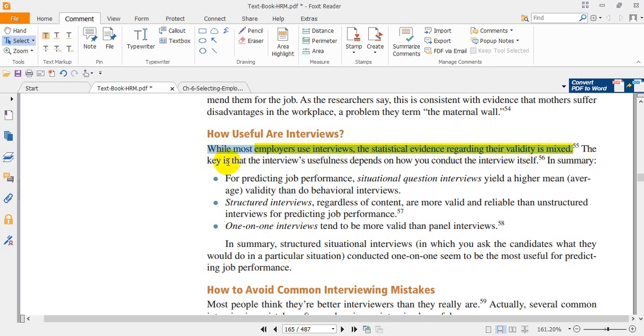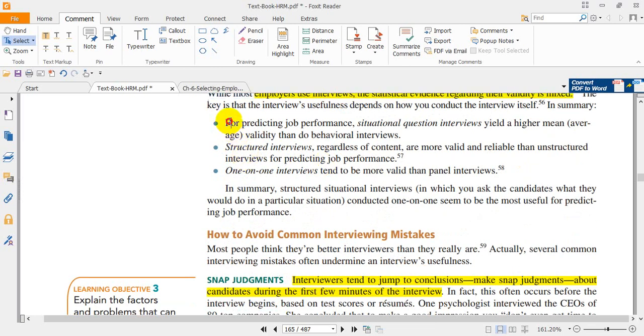The key is that the interview's usefulness depends on how you conduct the interview itself. In summary, for predicting job performance, situational interviews yield higher validity than behavioral interviews.